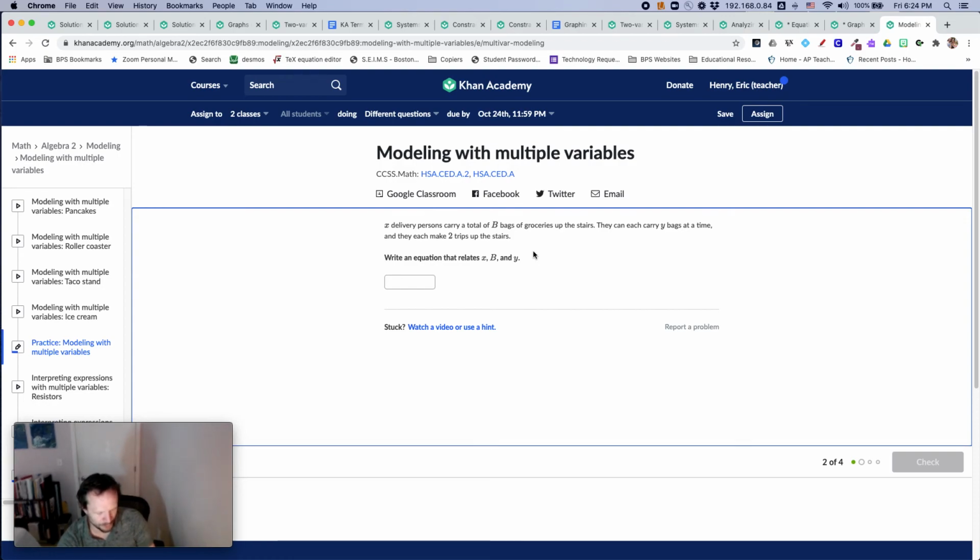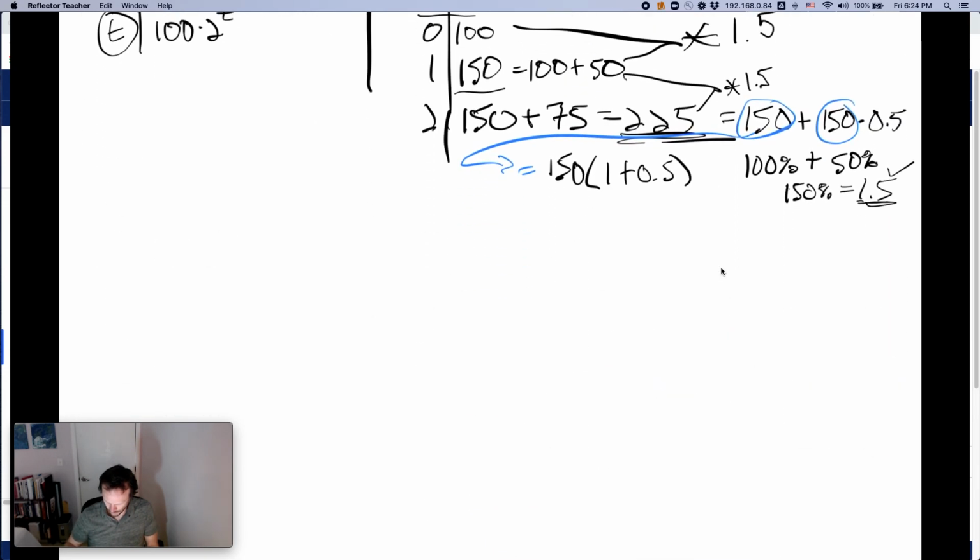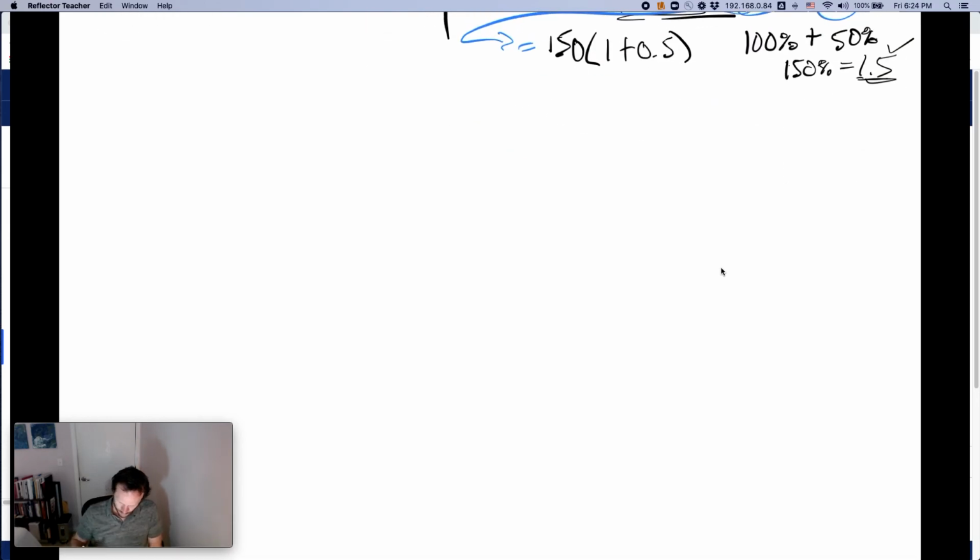Modeling with multiple variables. X delivery persons carry a total of B bags of groceries up the stairs. I'm so optimistic.